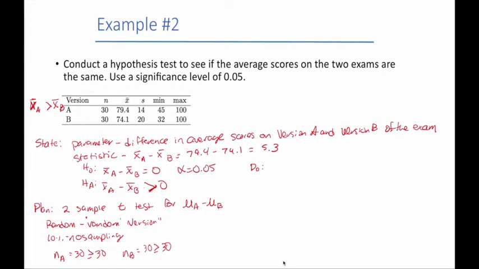Our general formula, our test statistic is our statistic minus our null value over our standard error.